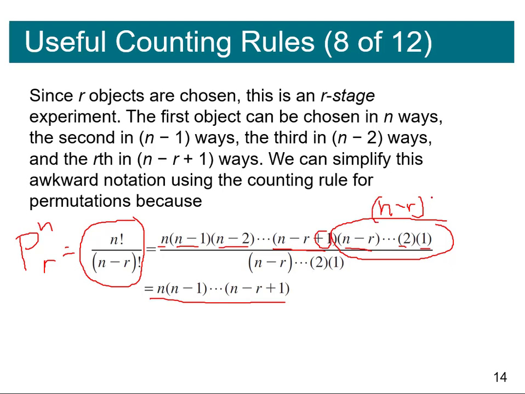So this n minus r factorial, which is here, is the same as here, so they cancel. All you're left with is from here to here, which is what they wrote below here. So we've shown that this can also be written like this.